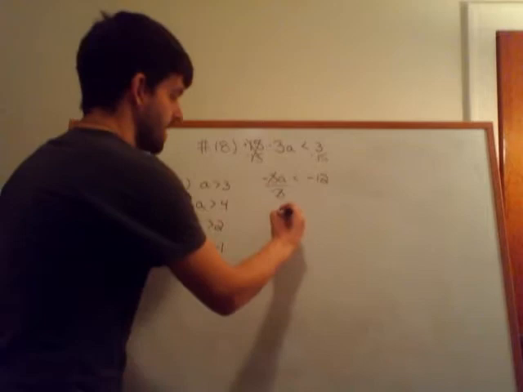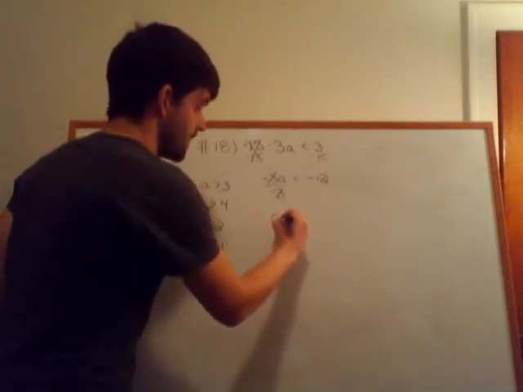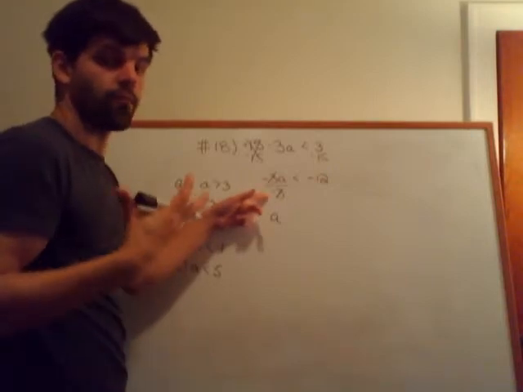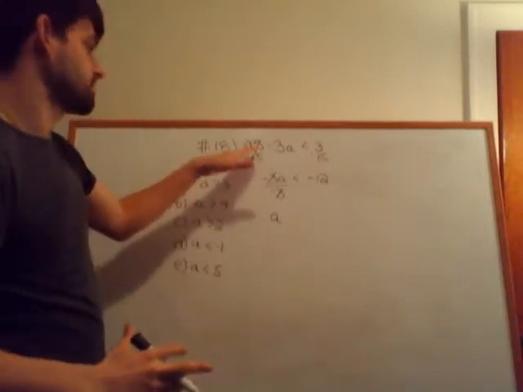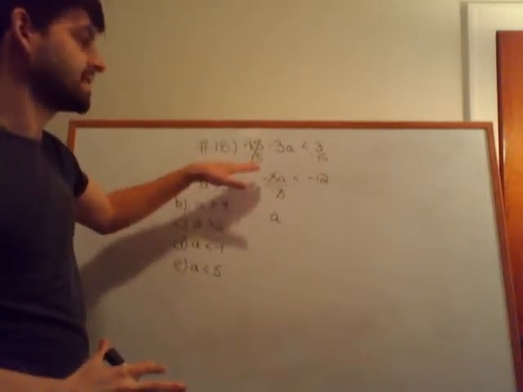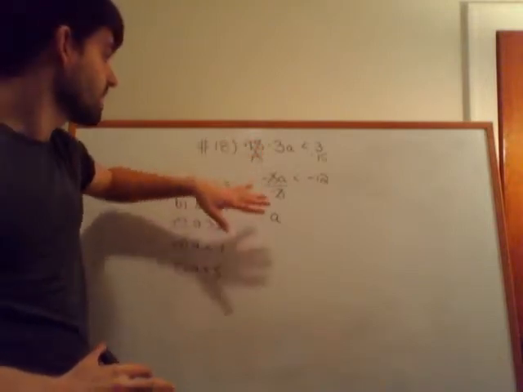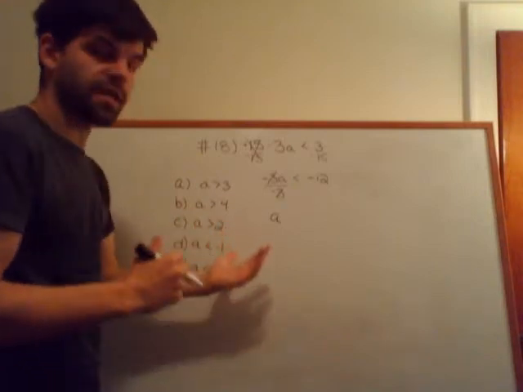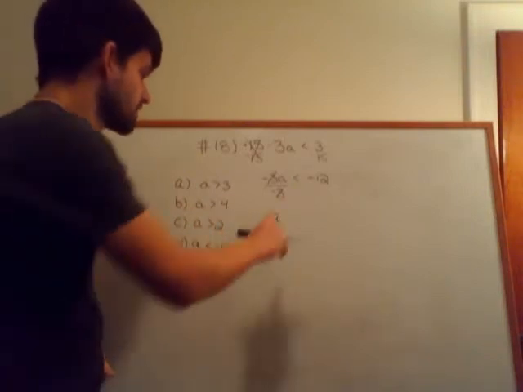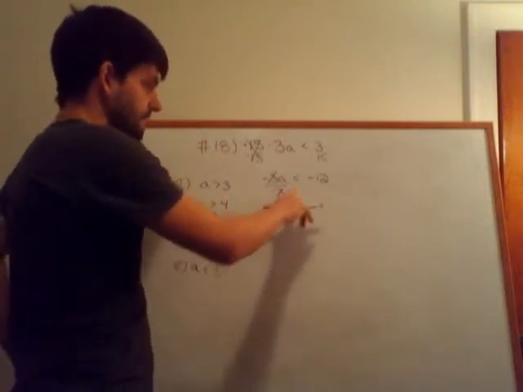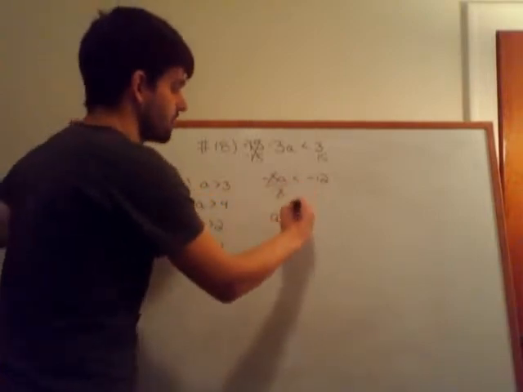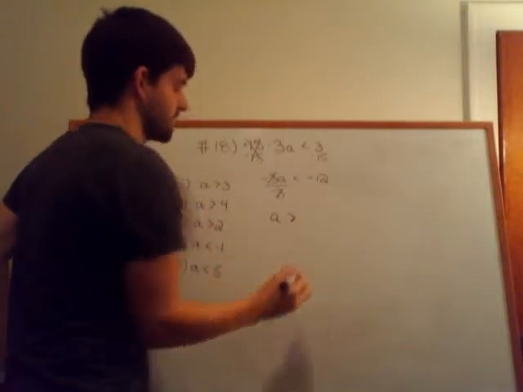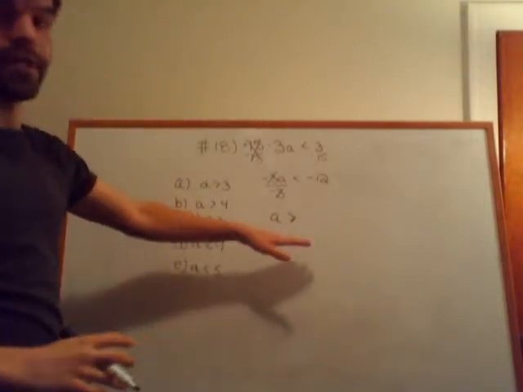So what I mean by that is that this variable a is now isolated, because think about it, -3 divided by -3 is 1. And as opposed to the identity of addition of 0, this is the identity of multiplying by 1. It doesn't change the equation, okay? So now we have a. Now we have to flip this inequality to keep things balanced and legit.